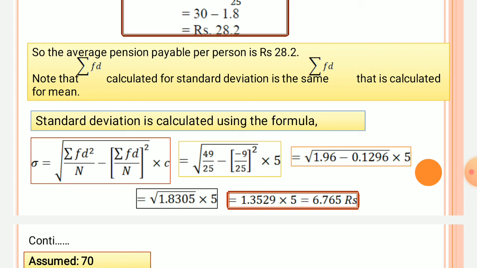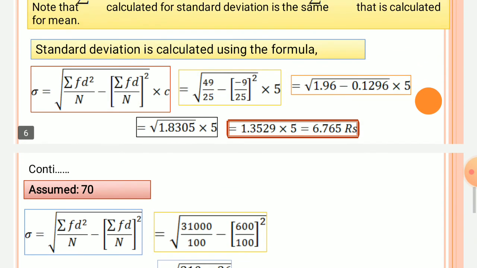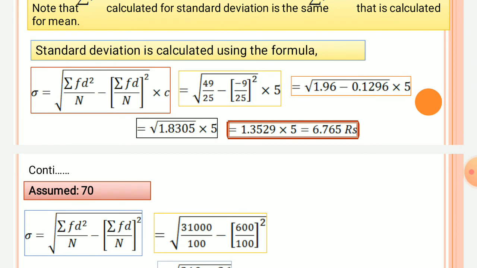Sigma is equal to root of sigma fd square by n minus, sigma fd by n whole square, into c. So root of sigma fd square 49 by n 25, minus, sigma fd minus 9 by 25 whole square, into 5, is equal to root of 49 by 25, 1.96, minus minus 9 by 25 whole square, that value is 0.1296, into 5.